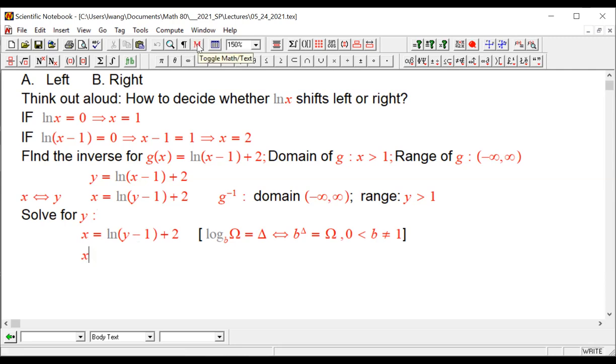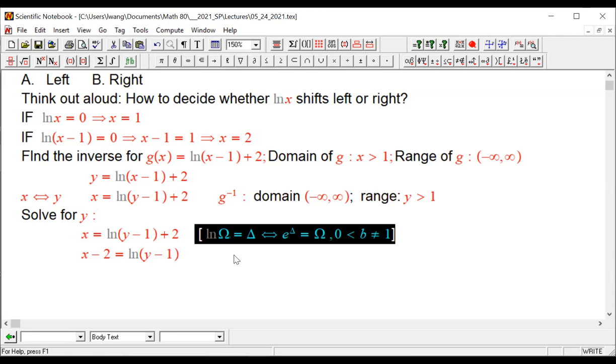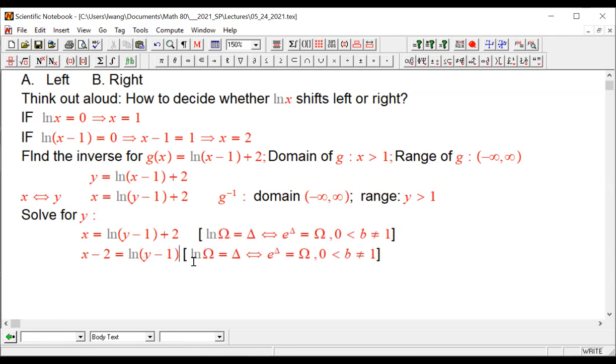So we have x minus 2 equals ln of y minus 1. We have ln, so the b is going to be e, since log base e is ln, and the base is e. So ln omega here is y minus 1, so we're going to take that with us. You can switch sides if you want to, it doesn't really make any difference.